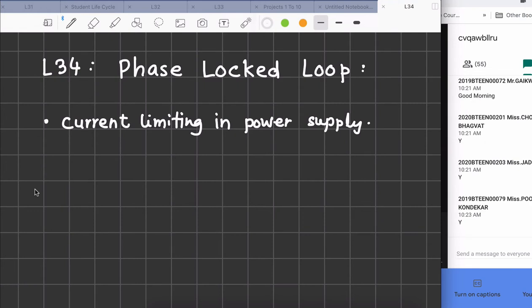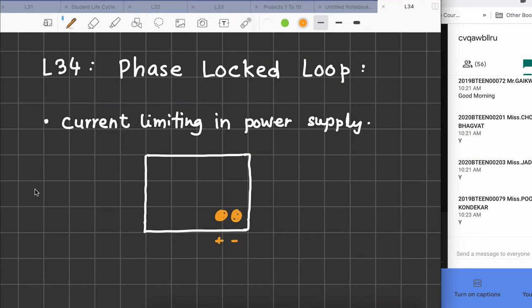Right. So if we look at any power supply, for example, if you buy a power supply with sufficient facilities, it will have the output. This is the power supply. It will have first of all output terminals, plus and minus.